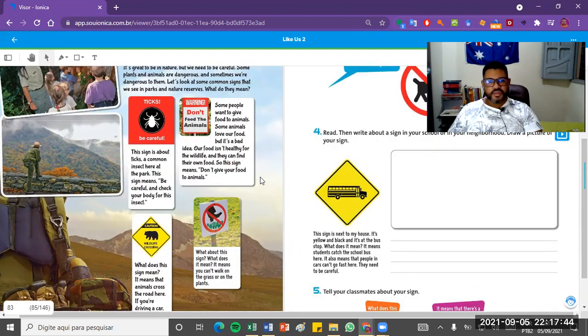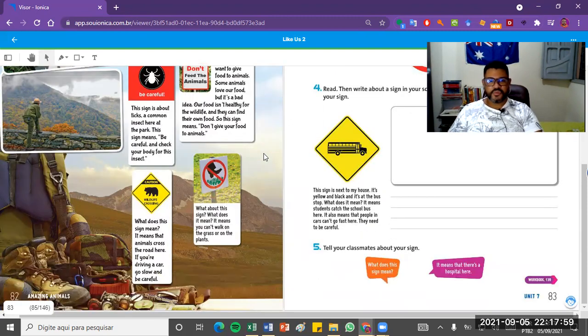The next one advises about feeding the animals. Human food isn't good for the health of wildlife. It doesn't bring any good for animals, all right? And the last one, this one here, is for us not to walk on the grass, all right? We are not allowed to walk on the grass.